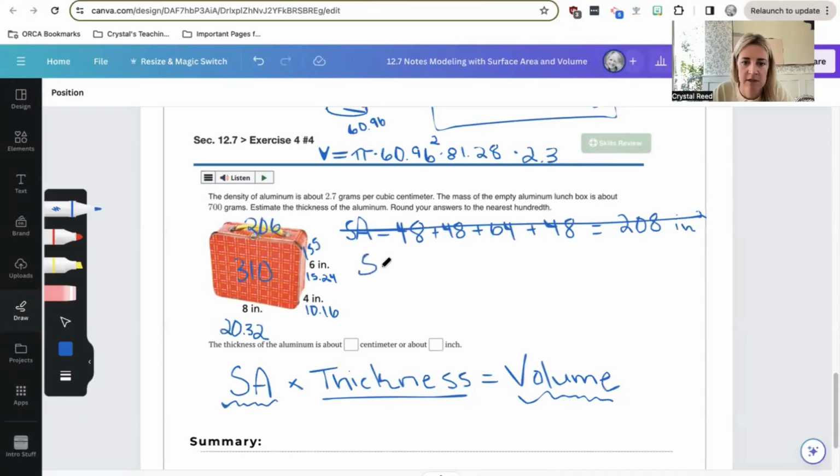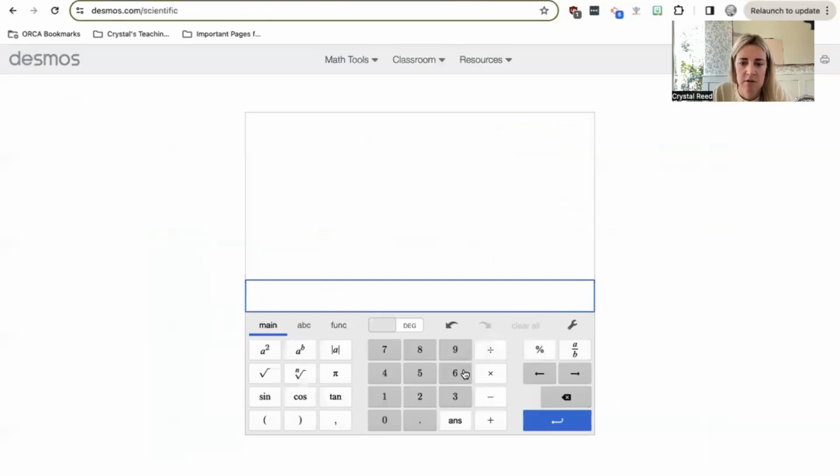Okay, so now our surface area, 310 twice, so that's 620. 155 twice, so that is 310. And then top and bottom, 206 twice, so 412. 620, 310, and 412.